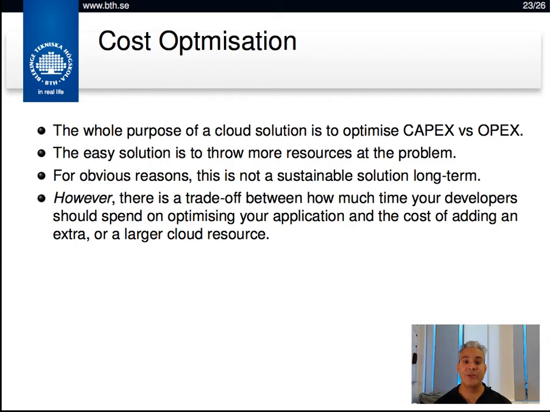So just throwing more servers at the problem is one way of dealing with it, or thinking about it and solving the problem in a different way is another way of addressing the same issue. But there's a trade-off. At some point, your development effort is going to be more expensive than just throwing more servers at the problem.